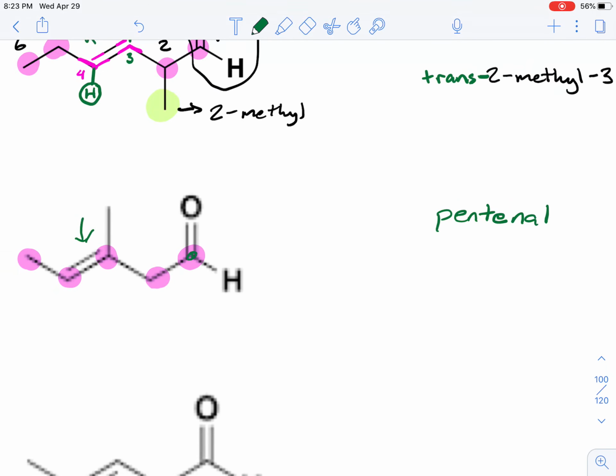Since the carbonyl carbon is always going to be carbon number 1, that dictates my numbering system. So that's 1, 2, 3, 4, 5. So the only thing that I haven't described is the methyl group that's on carbon 3. So I'm going to say 3-methyl pentenal, all one word.